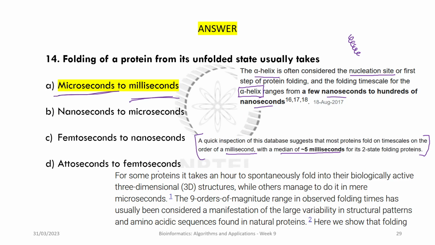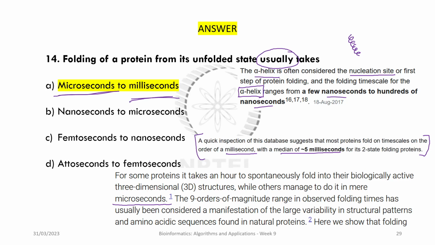So to further confirm, for some proteins it takes an hour to spontaneously fold into their biological active 3D structure, and we are talking about usual cases. There will always be outliers which are extremely fast and which are extremely slow, right? While others manage to do it in mere microseconds.